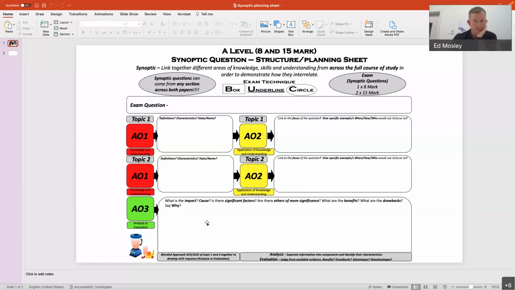Sorry, putting you on the spot a little bit again. Yeah, I don't know, it's quite small. I suppose you could make it A3, couldn't you? I think it's a good starting point.